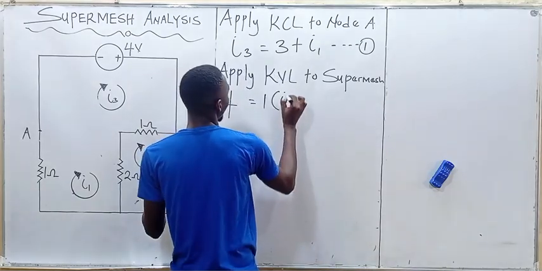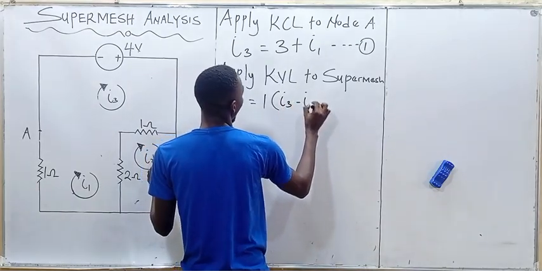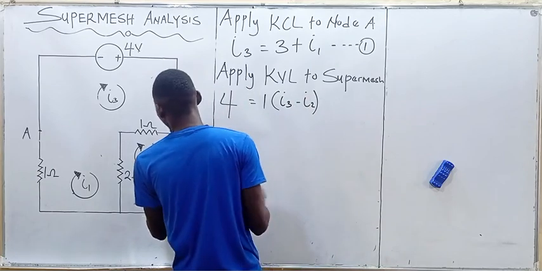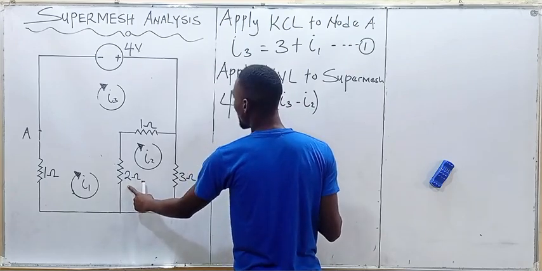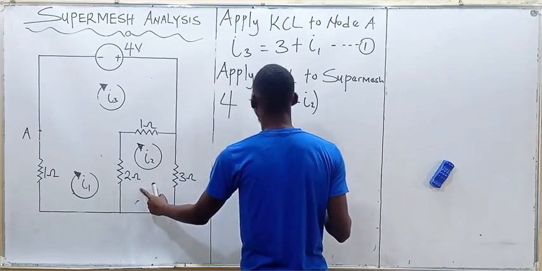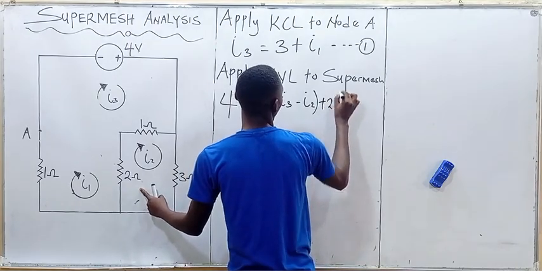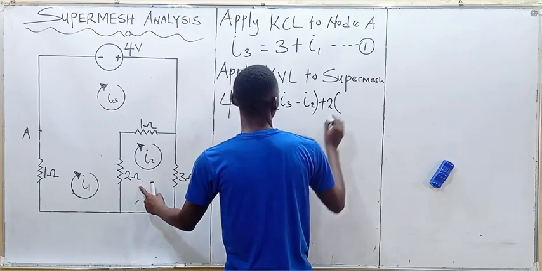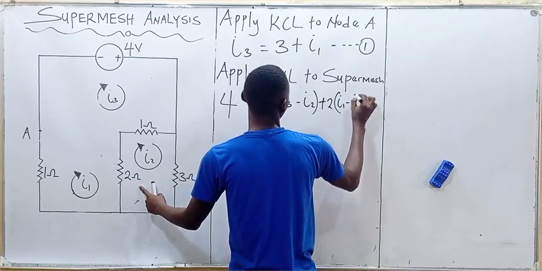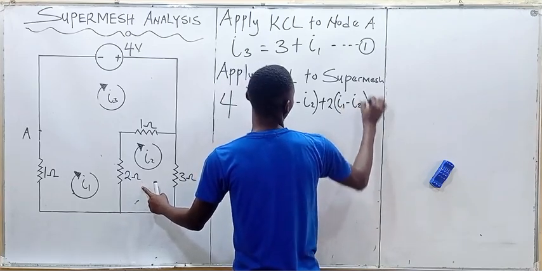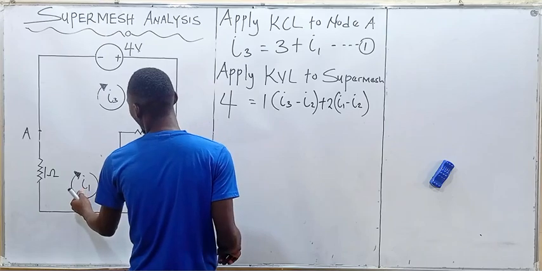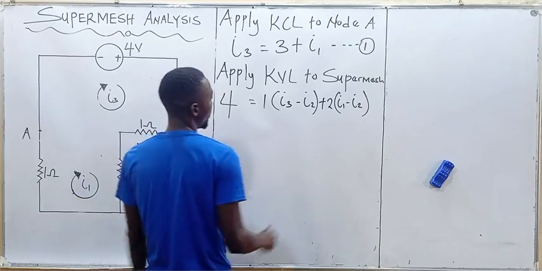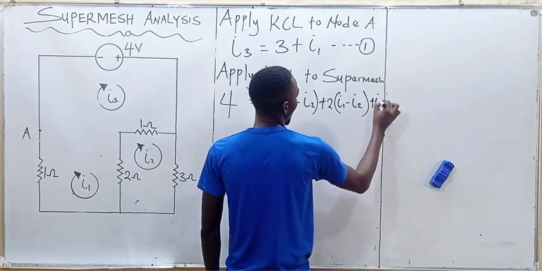So it's going to be I3 minus I2. Again we have these 2 ohms which is between 1 and 3, so it's going to be plus 2 into I1 minus I2. And then we have I1 here, this I1 that is going to flow through this 1 ohm, so it's going to be I1.